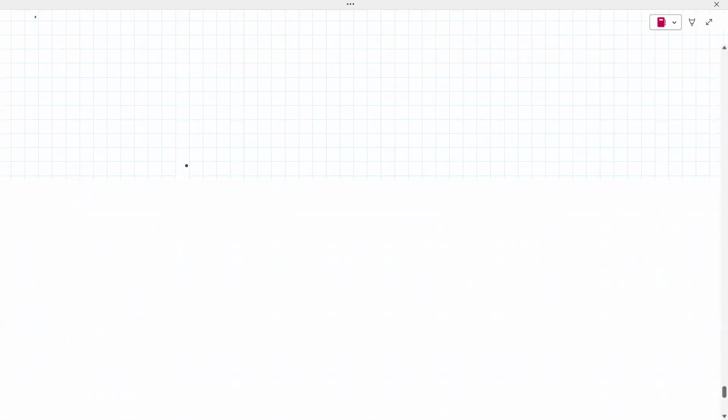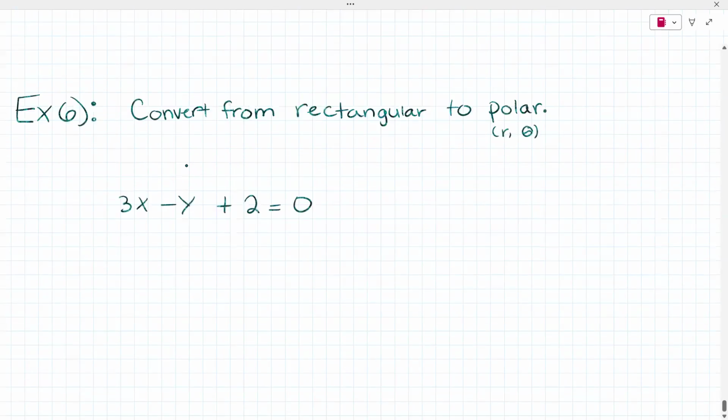Okay, let's move on to the last example. Example 6 says convert from rectangular to polar. So polar, if you recall, is radius comma theta. And this is what they give us: 3x minus y plus 2 equals 0. How on earth are we going to convert that to polar?